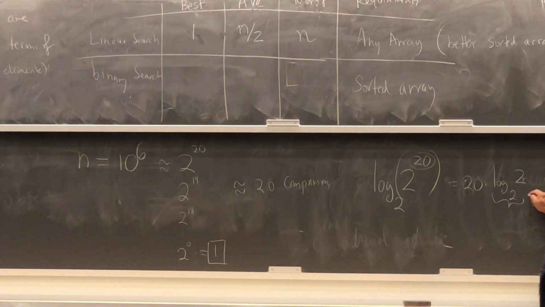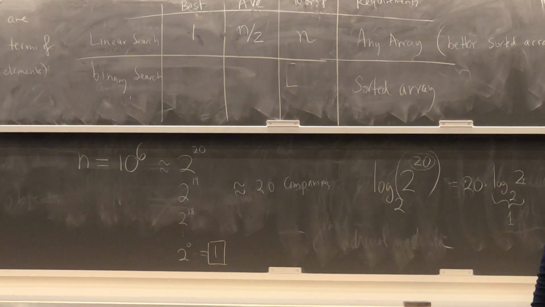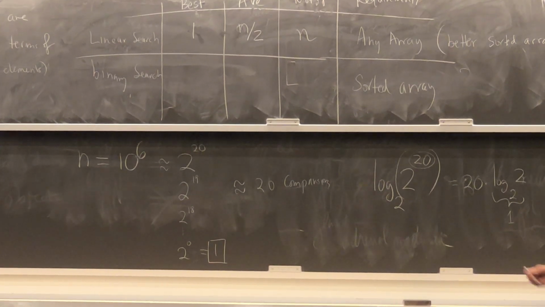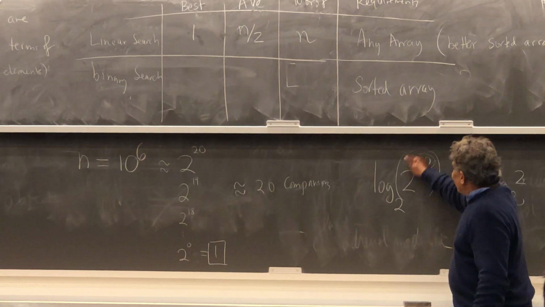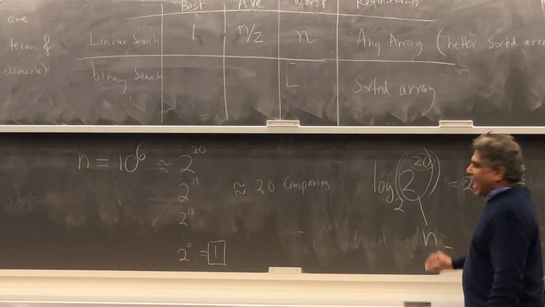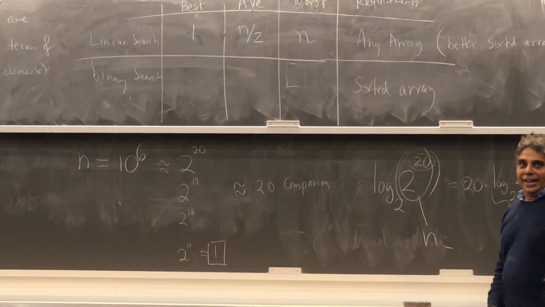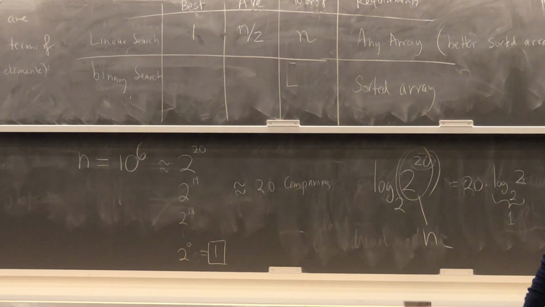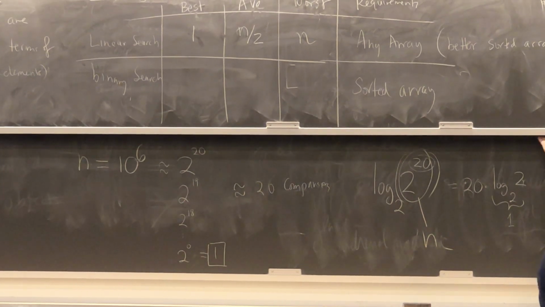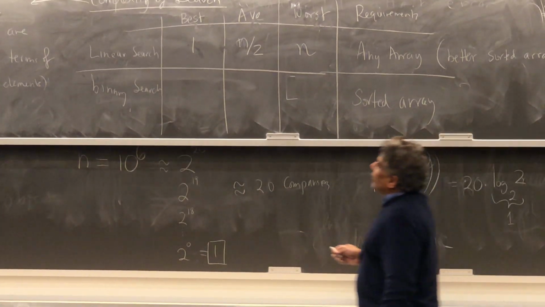Well, log base 2 of 2 is 1. So what it's telling you is this number is the number of things, n. The number of comparisons you have to do is approximately log base 2 of n. That's why binary search is going to be so fast.